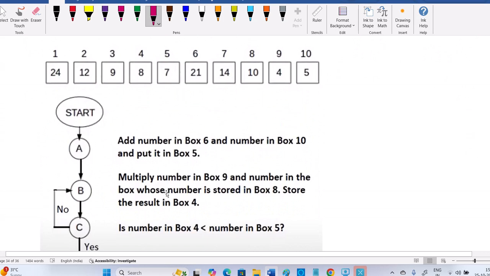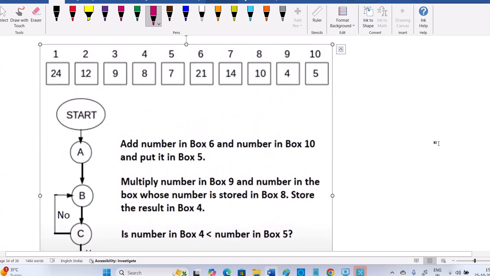Now, flowchart related, first note down the box numbers, please. Note down those box numbers, then I'll display the instructions. 10 boxes, copy those 10 box numbers.